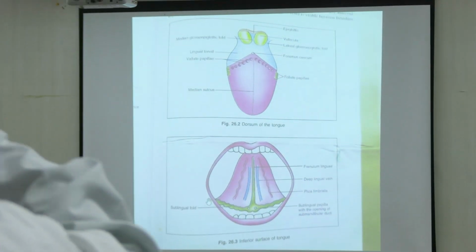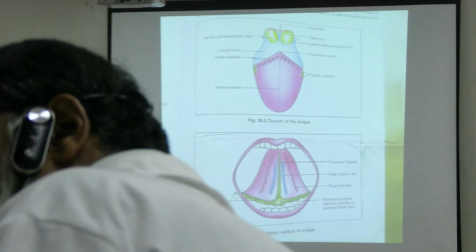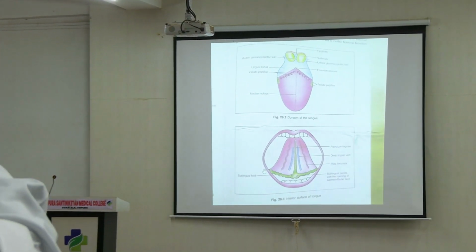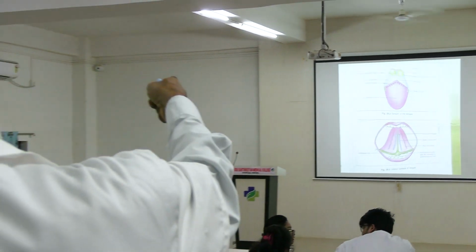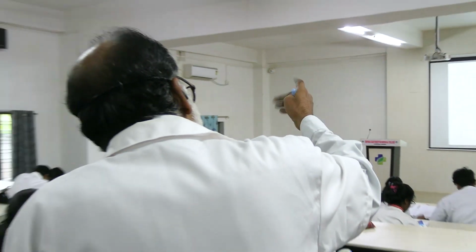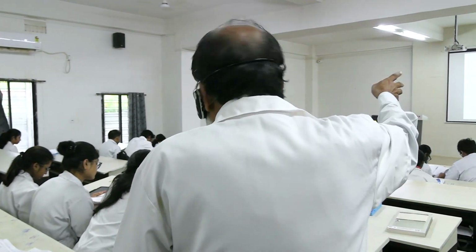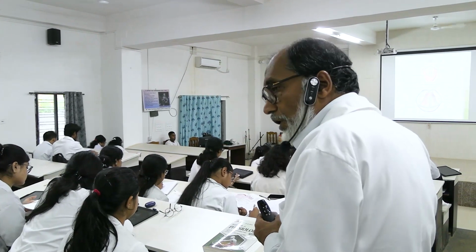That is called median glossoepiglottic fold. And on either side there is a lateral glossoepiglottic fold. Median glossoepiglottic fold and lateral glossoepiglottic fold. Within these, this space is known as vallecula, right?